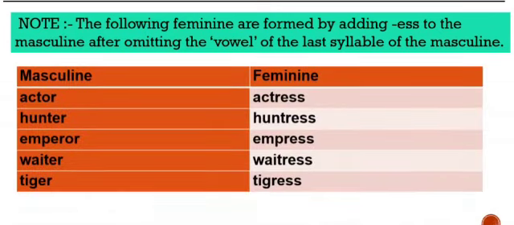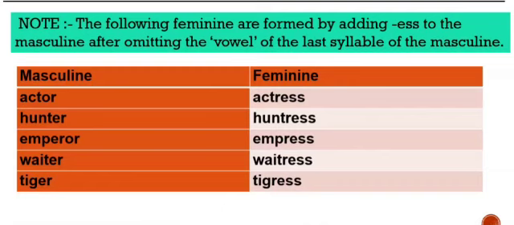For example, actor becomes actress. Now actor is masculine, but to make the feminine of this, we omit the o and write actress. Hunter becomes huntress by omitting e.